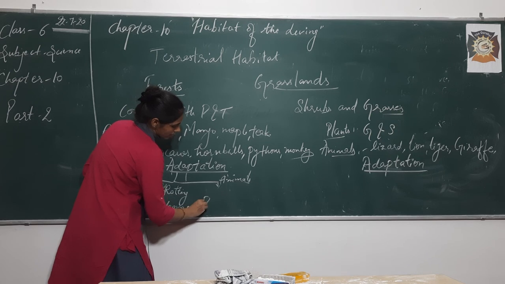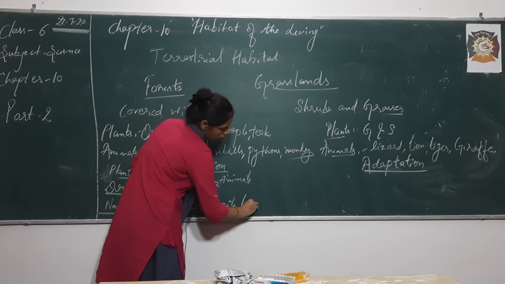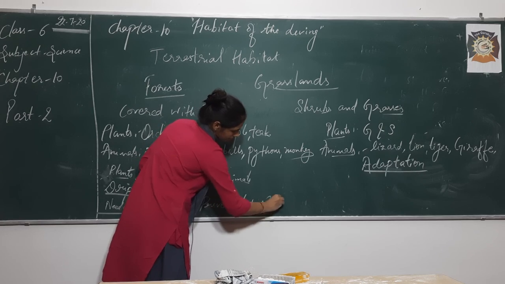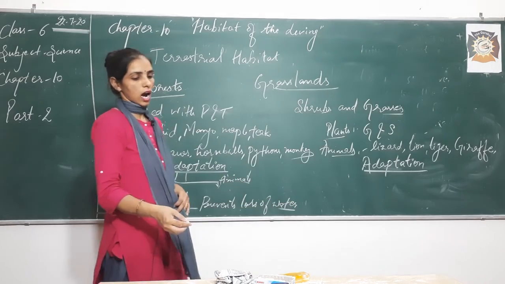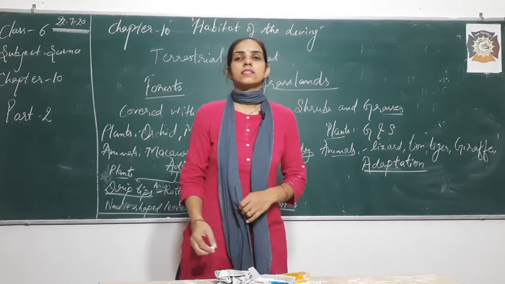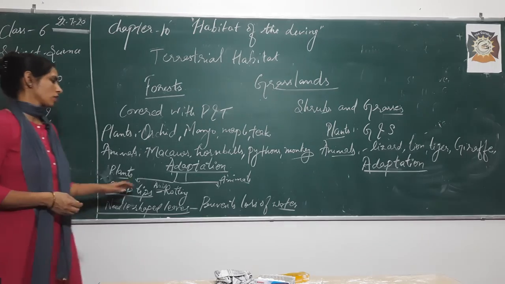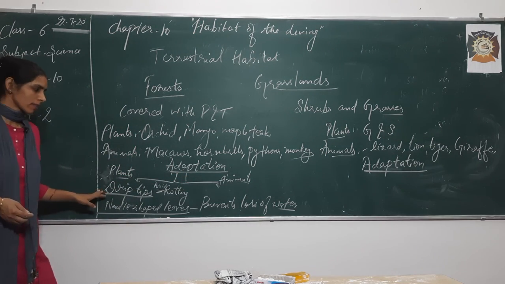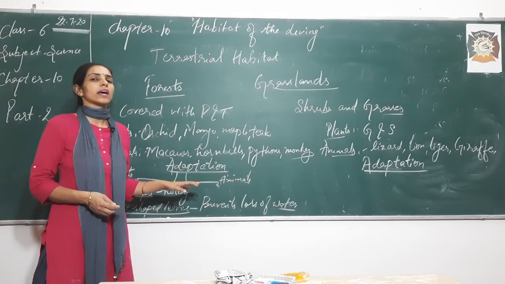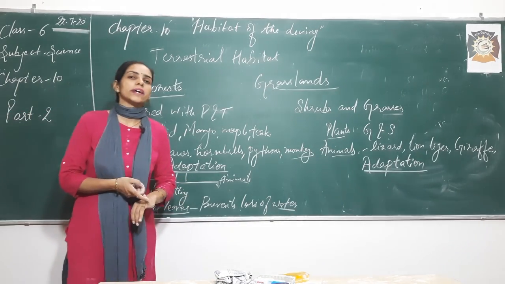Needle shaped leaves prevent loss of water, right? So this is how plants living in forest, because of the adaptations and features they have, are able to survive either in rainforest or in temperate forest.